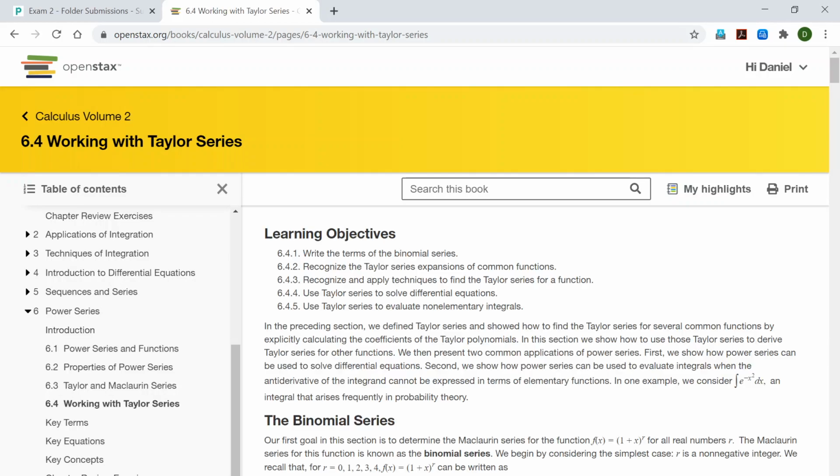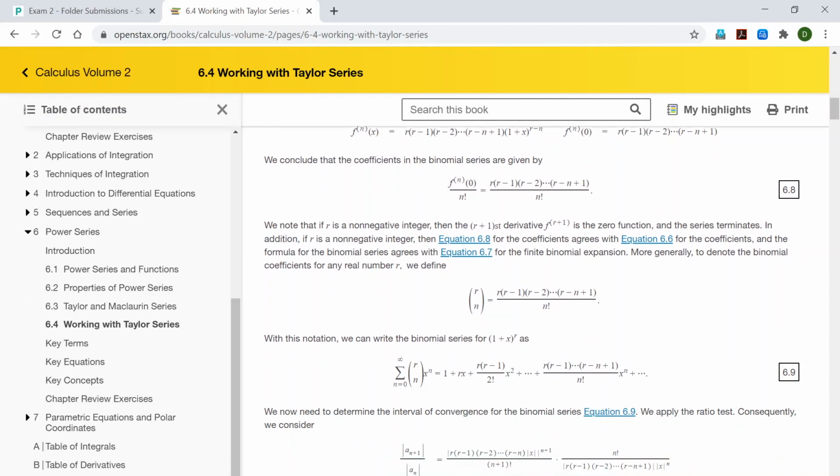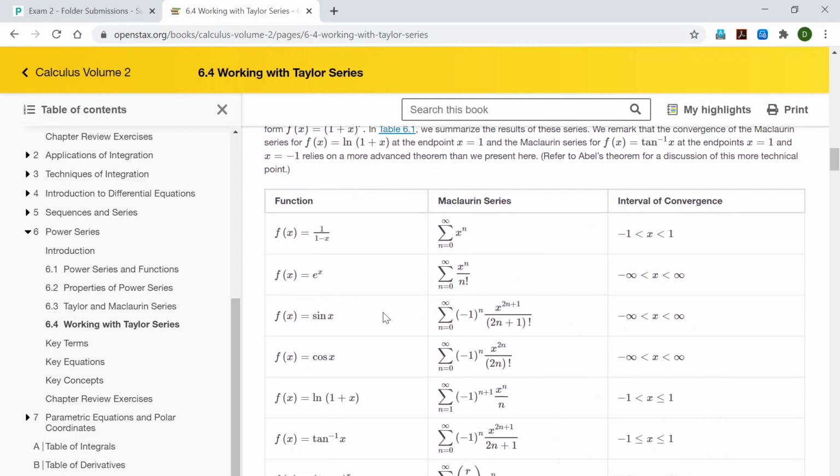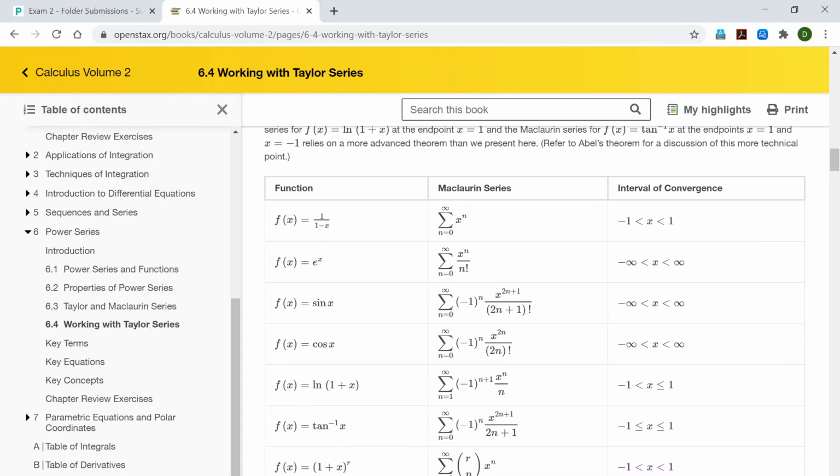Maybe at the beginning of 6.4. Yeah, here it is. So, the Maclaurin series for e to the x, x to the n over n factorial. Sine x, cosine x, natural log 1 plus x, arctangent of x. We did this one already, because that comes from the geometric series. 1 plus x to the r, right, is this. And we'll talk a little bit more about this in the next section.